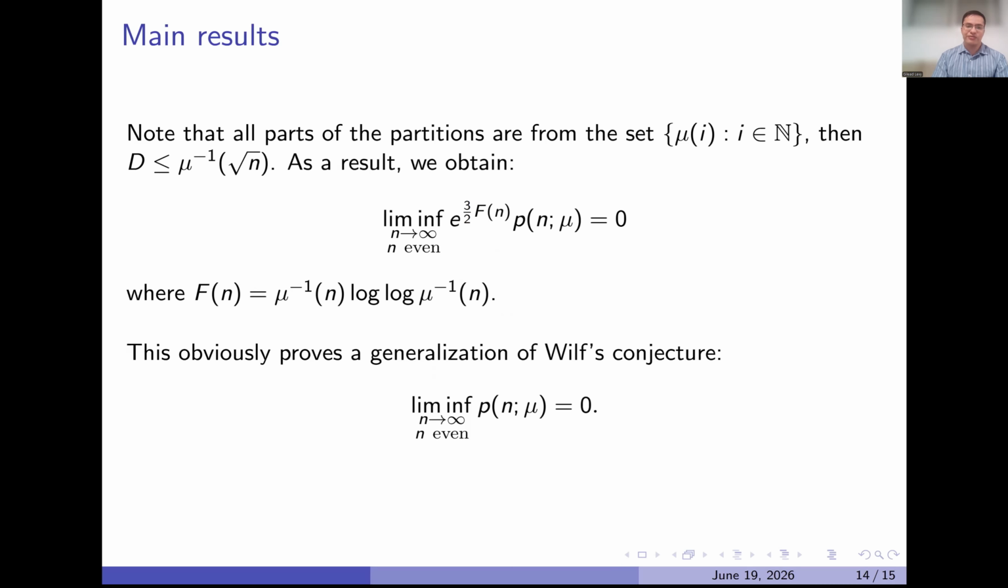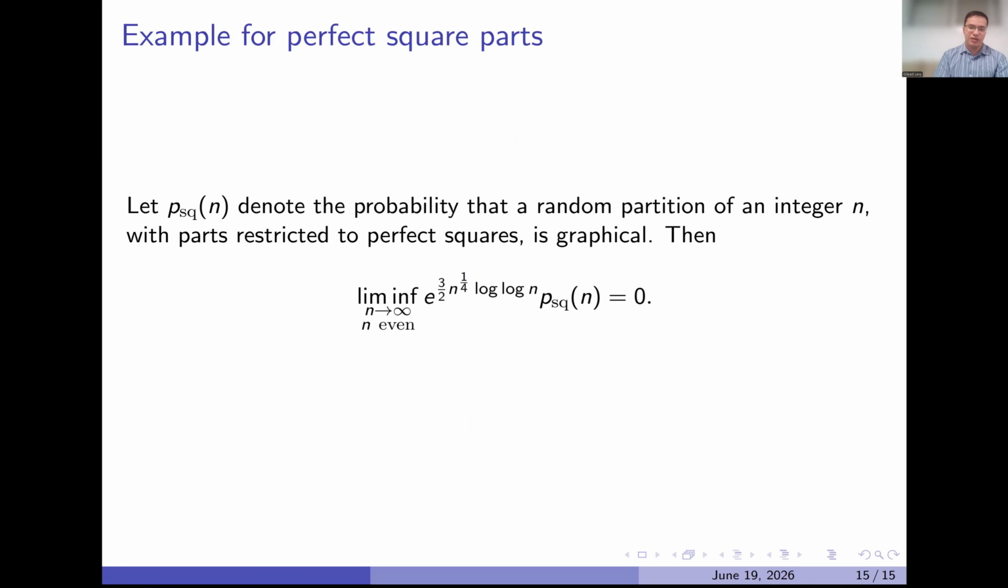And we actually found an estimate for the rate of the decay. So here is a nice example. If we once again restrict our parts to be perfect squares, then we have the following limit inferior identity, which is quite non-trivial.